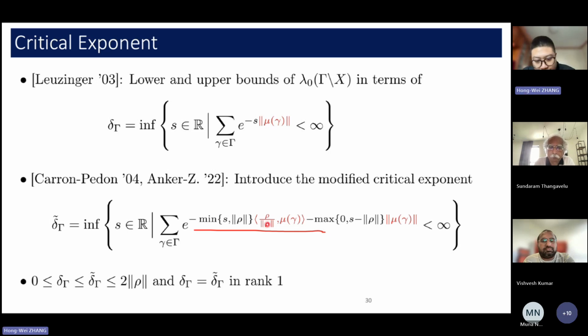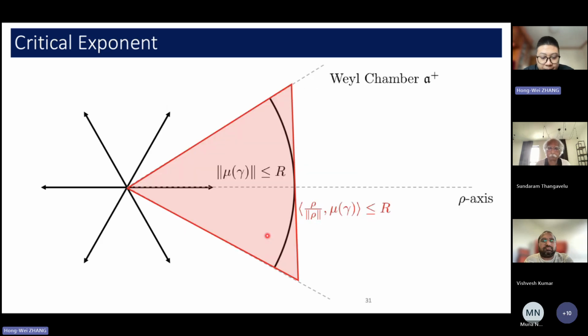The difference is that in the original generalization, for example with this distance, if we consider a ball of radius r in A2, you can see the ball is just like that, because I consider the Weyl chamber part.